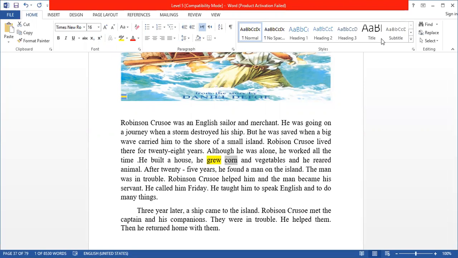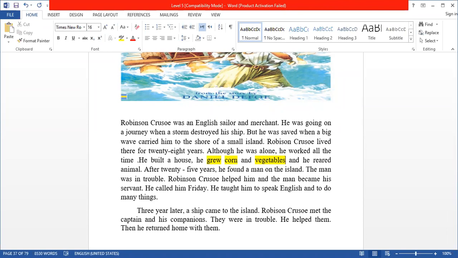Popcorn. Yeah, he grew corn and vegetables. Vegetables here, it means what? As we said, vegetables here, خضار, means a plant or a part of a plant that is eaten as food, like potatoes, beans, onions, tomatoes.